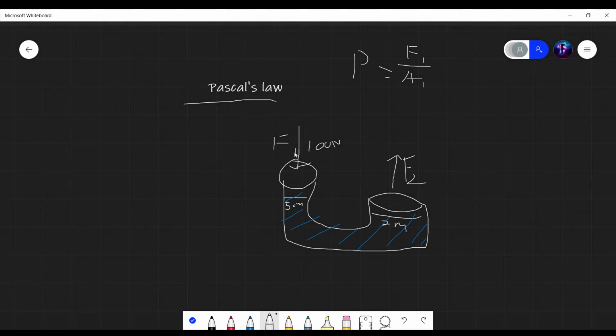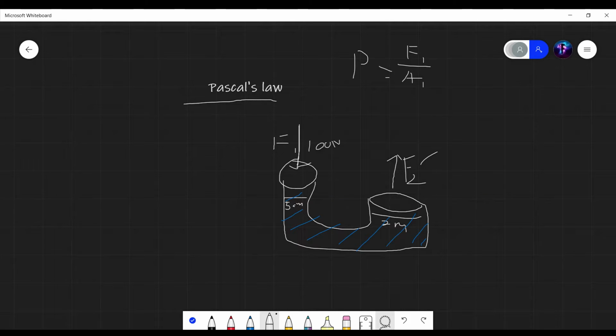We're going to push a force which is called F1, and that is 100 newtons, and we're finding the force that's coming out of it. We also know that here it is 5 centimeters in diameter, and here 2 meters in diameter. Now you can use this to find F2, the force that is coming up.